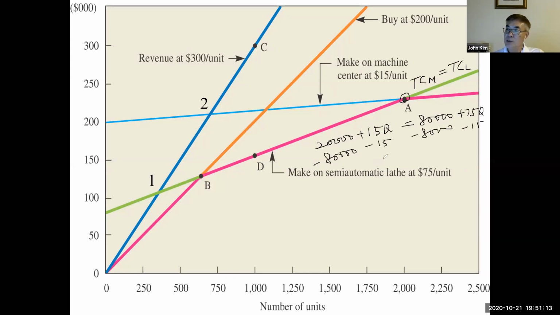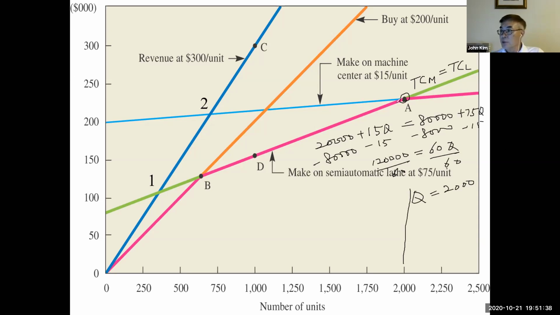And remaining is 120,000 equals 60Q. So divided by 60, Q equals 2,000. So this point is on 2,000.